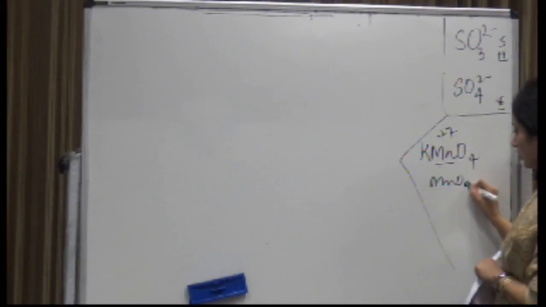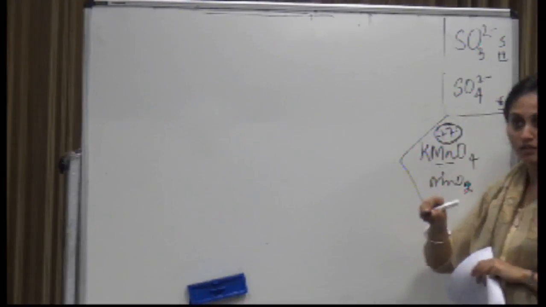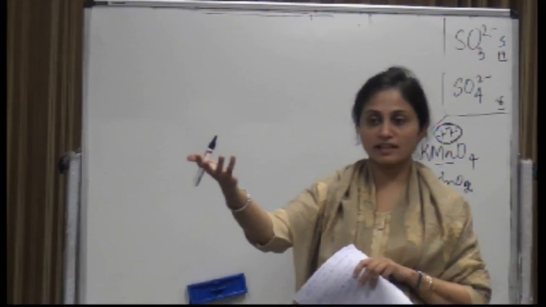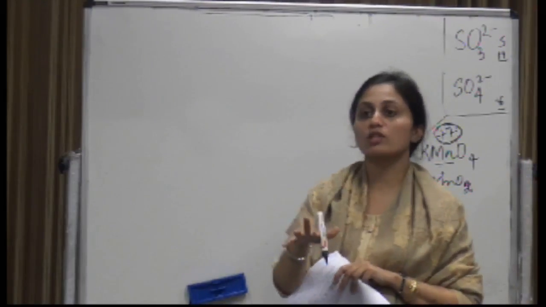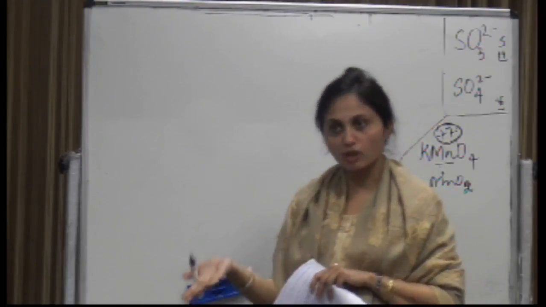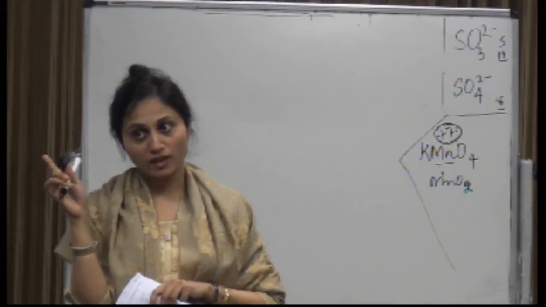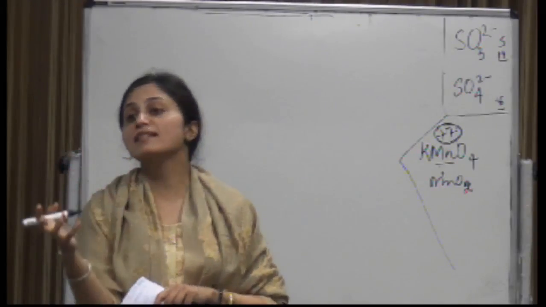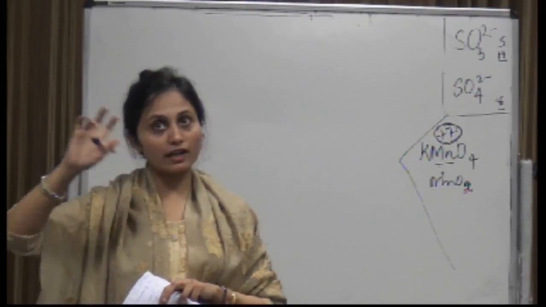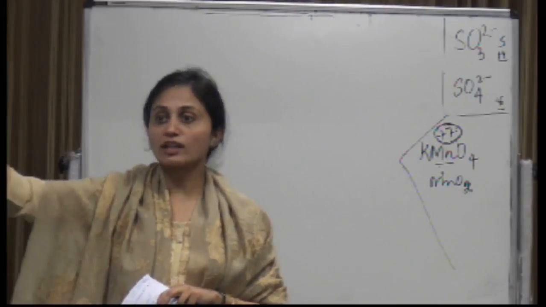So this is one of the highest oxidation states, and it will not go higher than this. +8 is the highest oxidation number, which is shown by osmium. I'm just telling you, you've done the periodic table. We've done some sets of oxidation states there also, which were defined by the valencies commonly. So now here, if an element has one of the highest oxidation states, it cannot increase further.